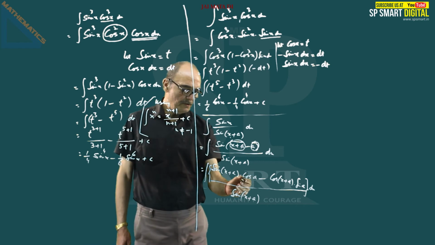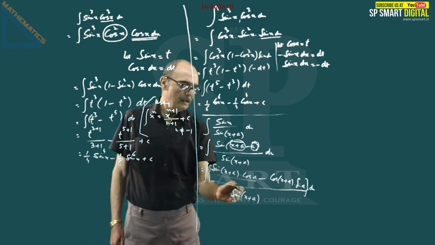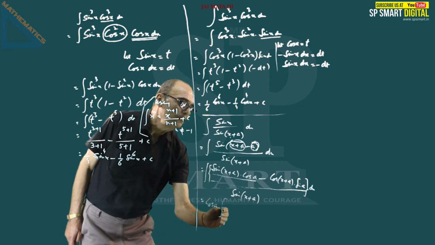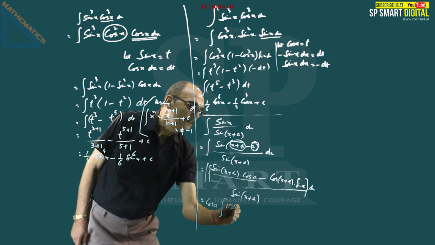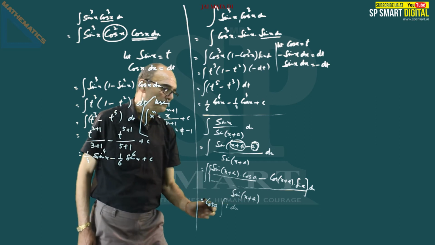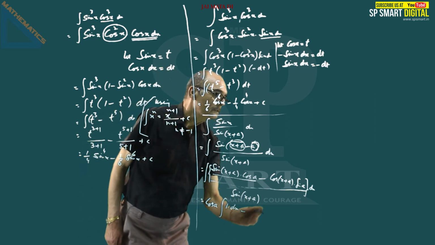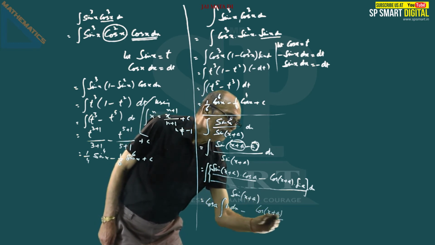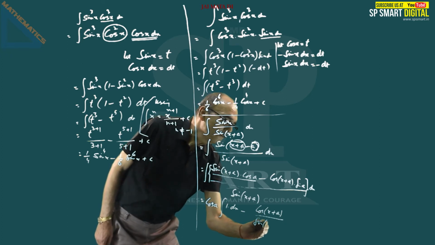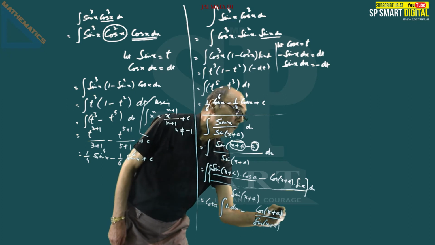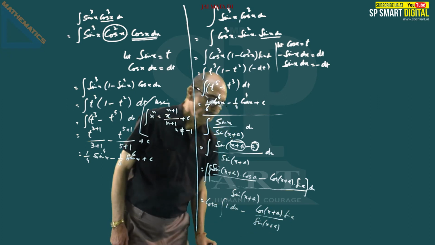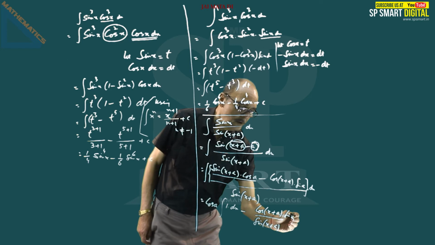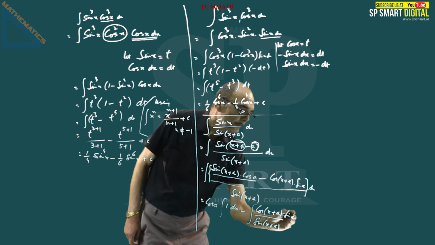Now, cos a is constant. If you divide this term by sin of x plus a, keep cos a constant outside, integral 1 into dx, this divided by this, minus this divided by this will be cos of x plus a upon sin of x plus a into sin of a, integral of this dx.